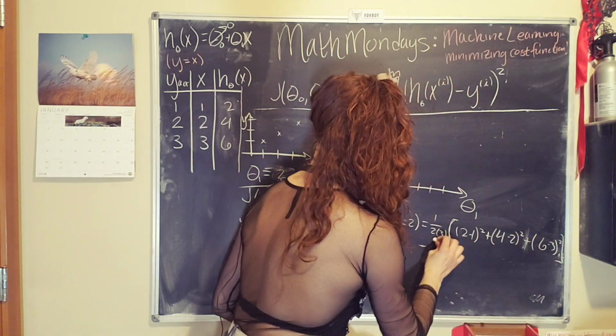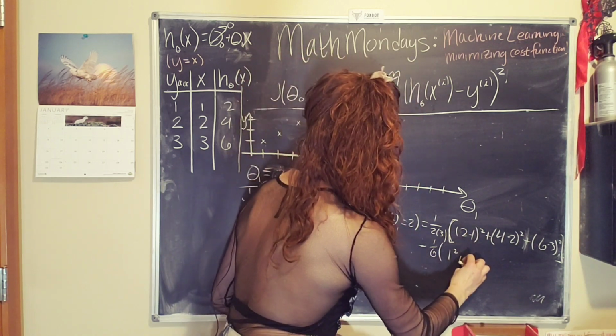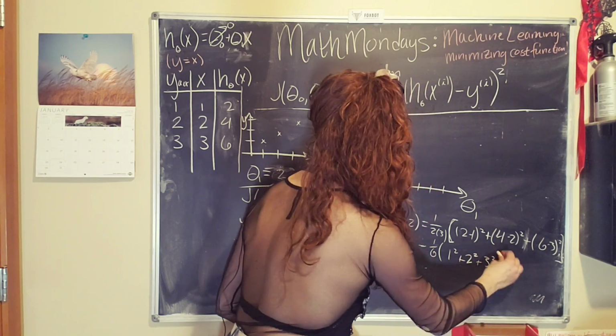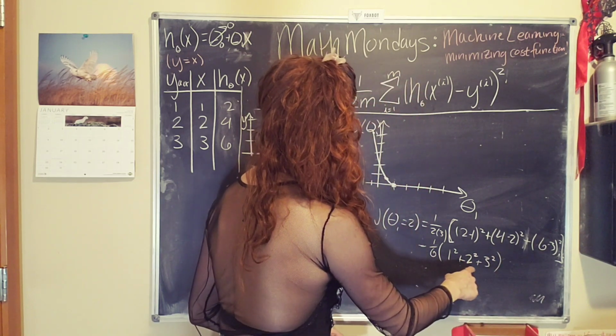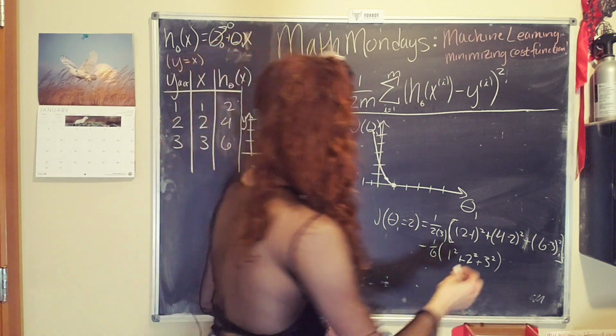Okay, so 1 over 6 times, this is going to be 1 squared plus 2 squared plus 3 squared. 1 plus 4 plus 9 is going to be 14.